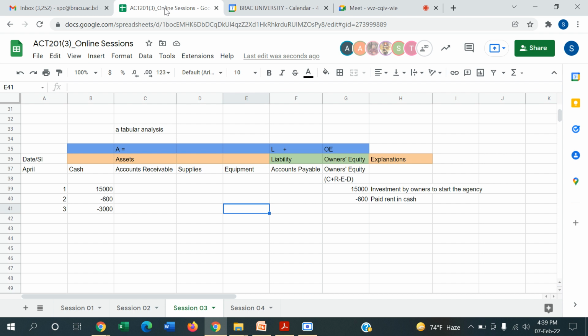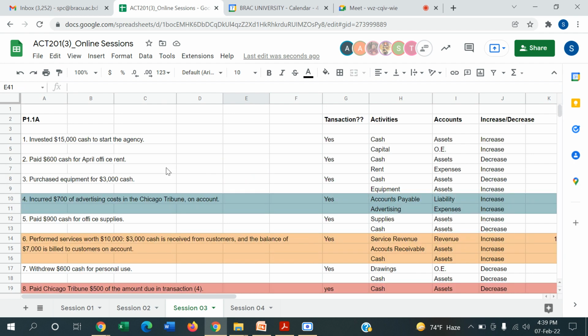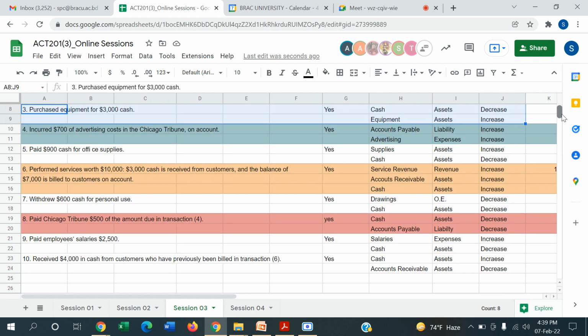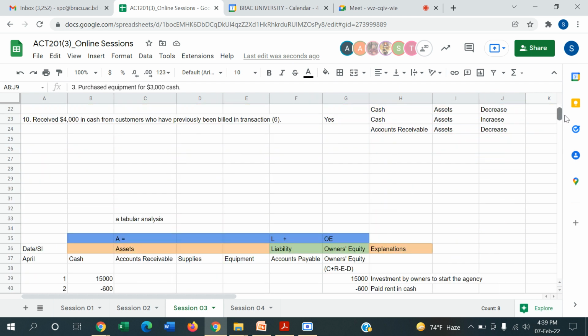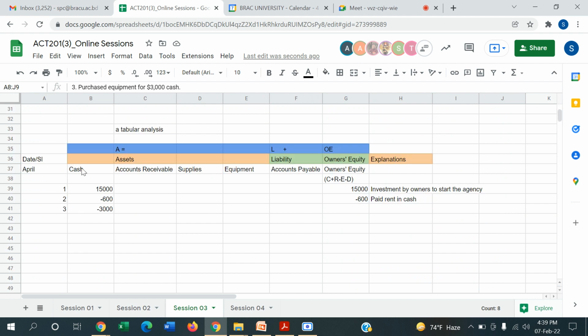Equipment is also an asset, right? So why are we not including that? We have to include it. That's why I have asked you. If you go through the analysis you have made earlier, purchase equipment 3000 cash, you wrote down cash and equipment. Both are available here.